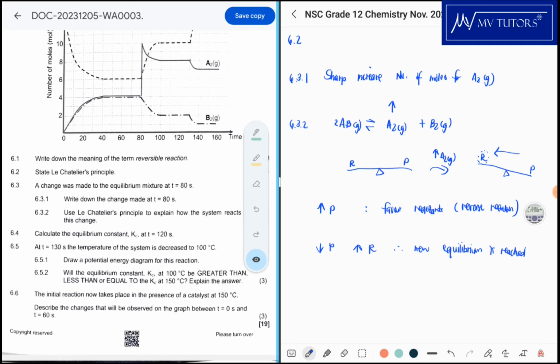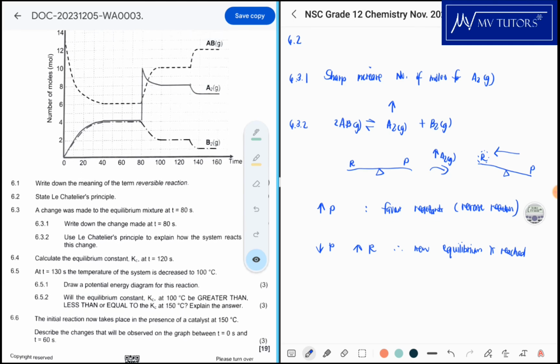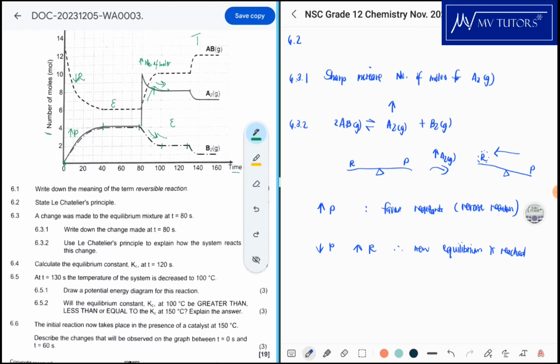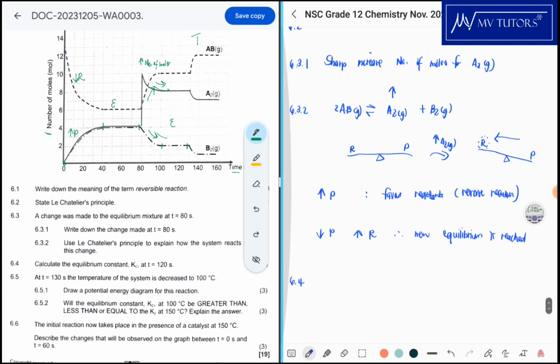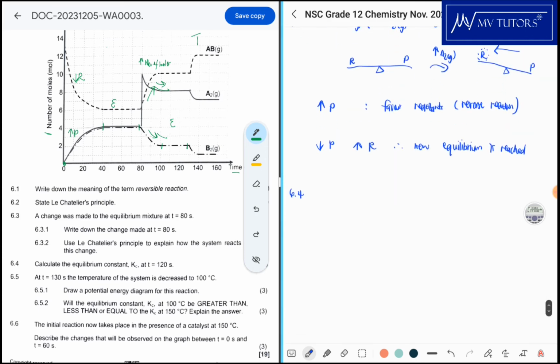And then now we get to 6.4. It says, calculate the equilibrium constant Kc at 120 seconds. Okay, so with this, I don't really know, I mean, it's 4 marks, I don't know if it's necessary to draw the rise table.